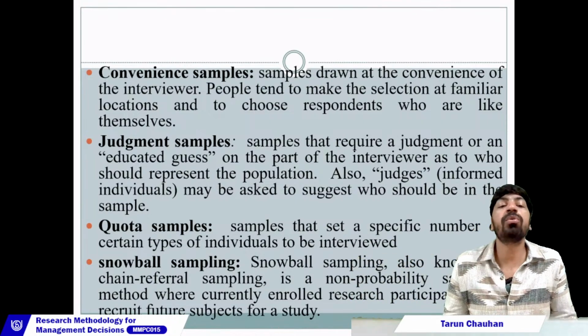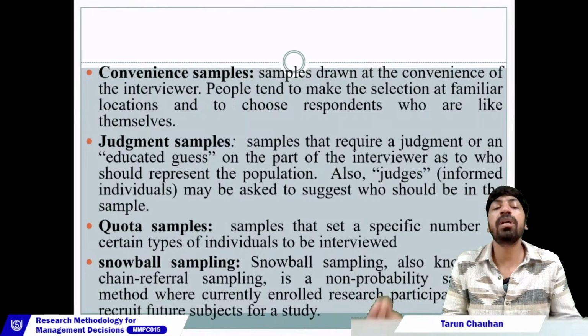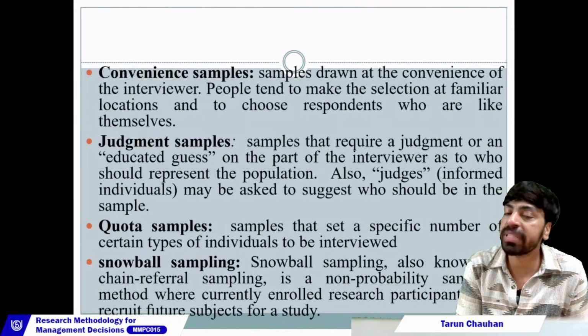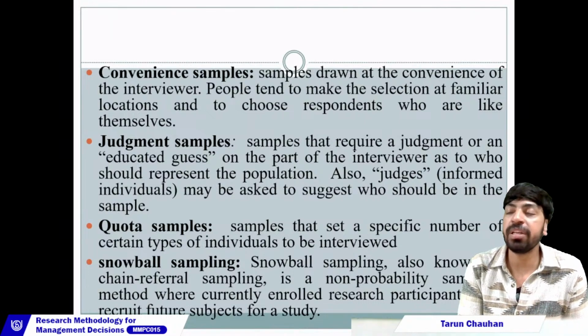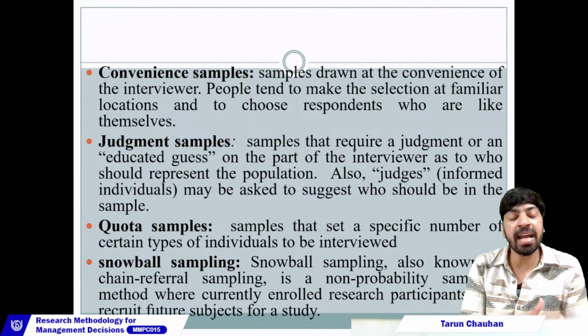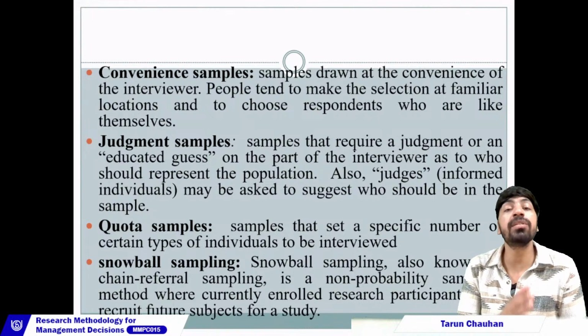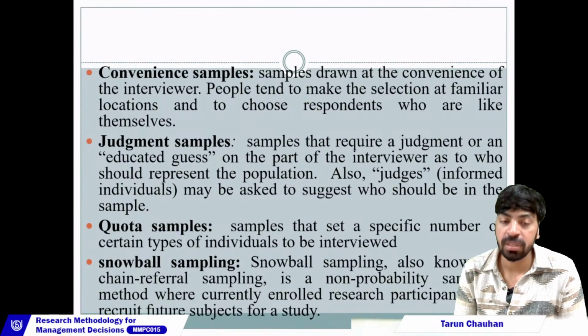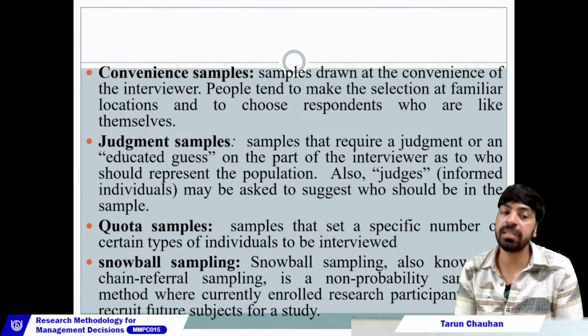So it's called quota sampling, where a particular quota is assigned to particular individuals, and accordingly the individual is to be interviewed for a particular research study.